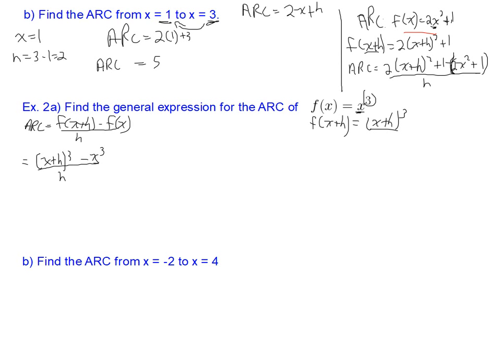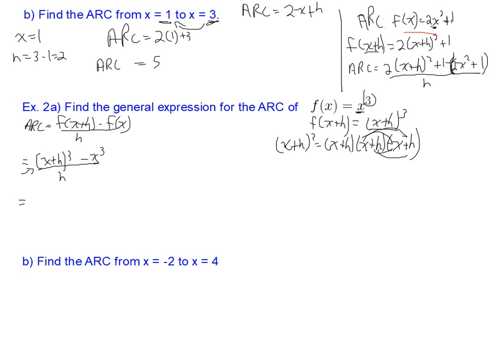Easy so far, right? Now here's just where things get a little bit tricky. Remember that x plus h cubed does not equal x cubed plus h cubed. x plus h cubed is x plus h times x plus h times x plus h. So that's where things get a little bit messy. If you do this all out, you might want to take everything in the second set of brackets, multiply it by everything in the third.